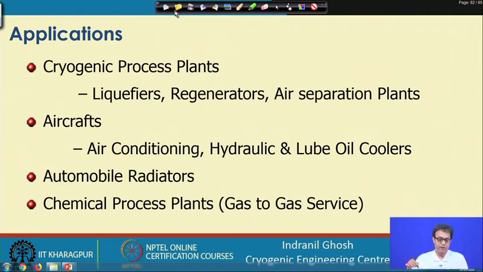Moreover, in aircraft the requirements are slightly different. Here you will find that the heat exchanger effectiveness is not that high, but it needs to be very lightweight. There the air conditioning, hydraulic and lube oil coolers, in the ram air cooling etc. are done with heat exchangers made out of brazed aluminum, and sometimes brazed stainless steel to meet the high temperature requirement in the aircraft.